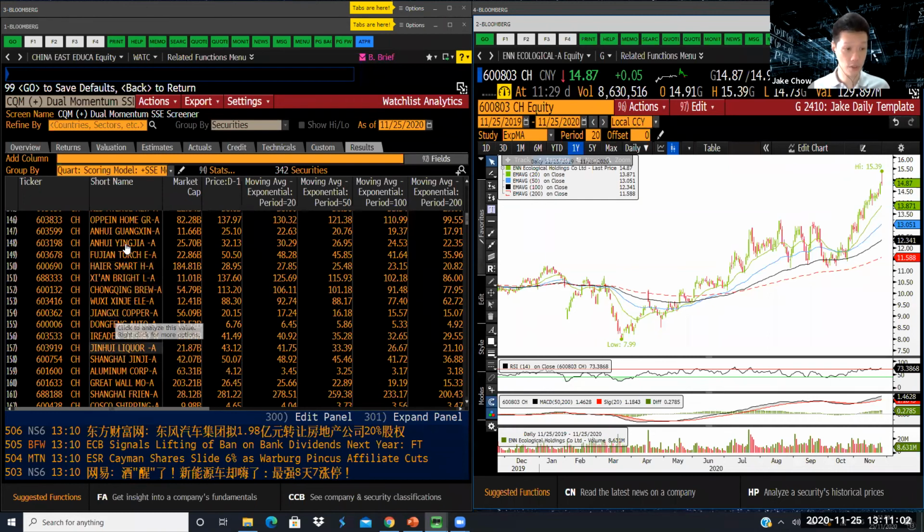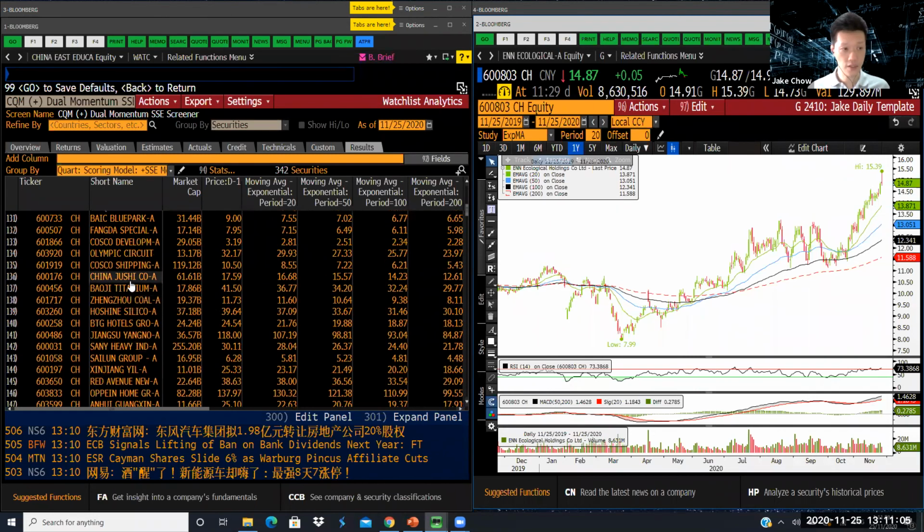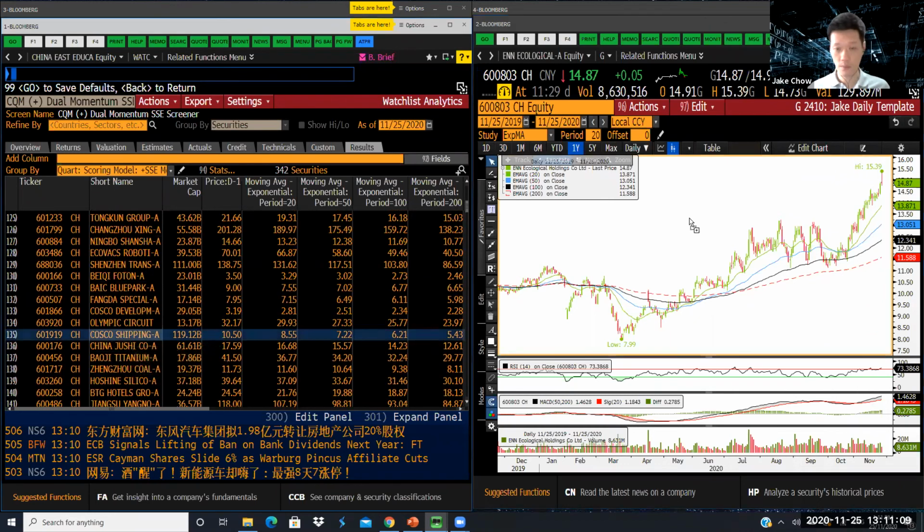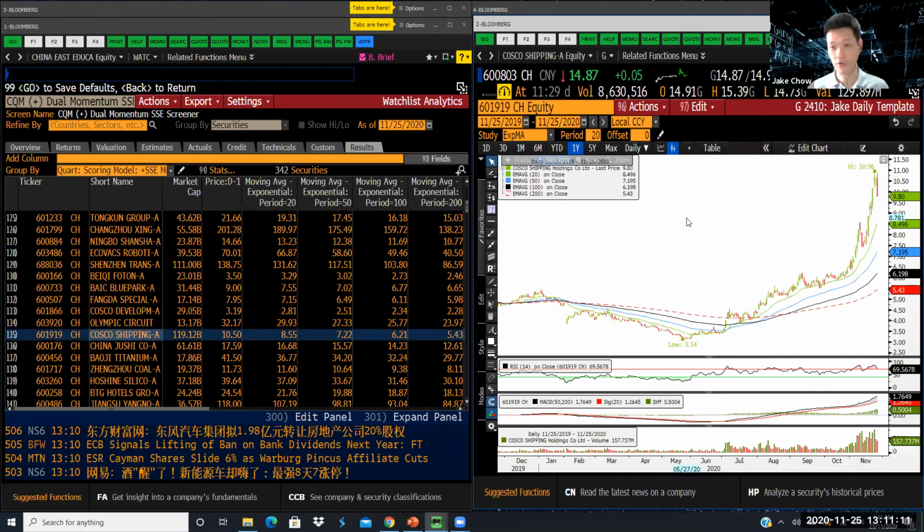For example, you see these Chinese names. Some of them are quite, I would say, taking leadership over some of the names that you find in Hong Kong, because a lot of these names are found in Hong Kong as dual listed or H listed, Hong Kong listed, right? So you can use this as idea generation because they are usually taking the lead.